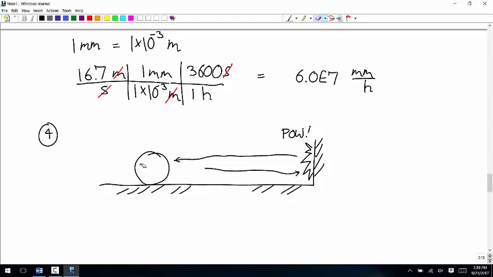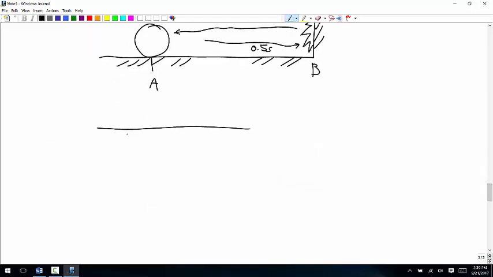It goes from A to B in half a second, and then it goes from B back to A in half a second. So if I put this on a number line, the distance between those is 1 meter. The motion starts here, goes to here, and then back here.